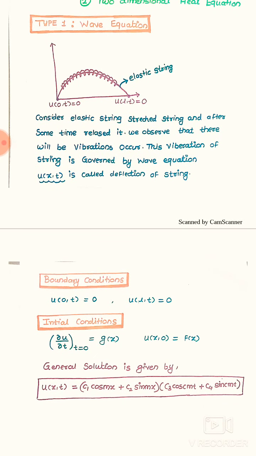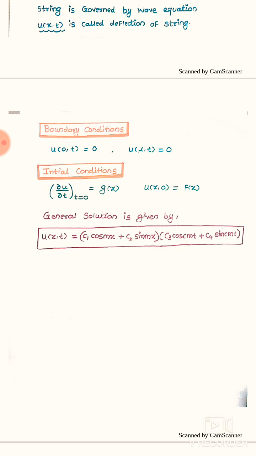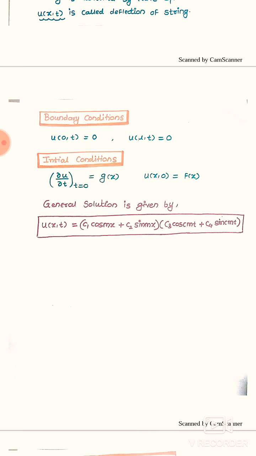Next is initial conditions. Del u by del t at time t equal to 0 is nothing but initial velocity, which in standard form we have considered as g of x. And u of x,0 is equal to f of x, means initially there is some deflection, which in standard form we have considered as f of x.